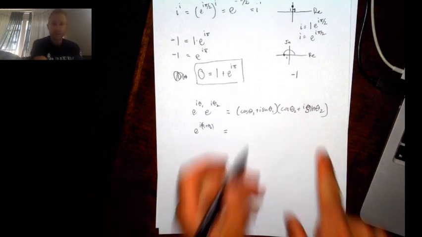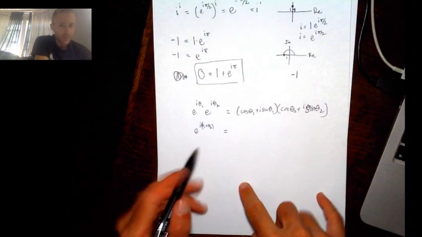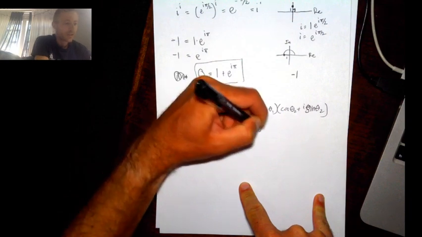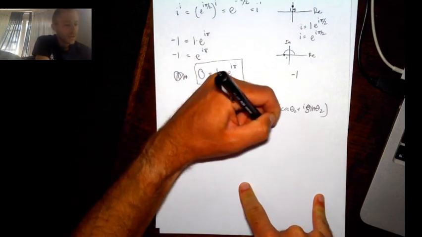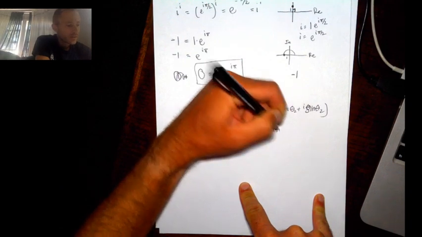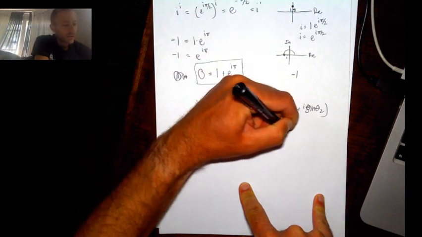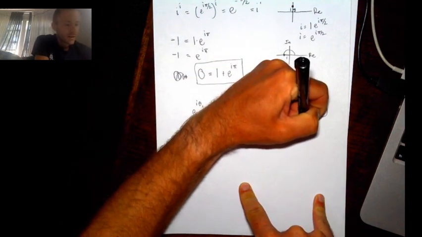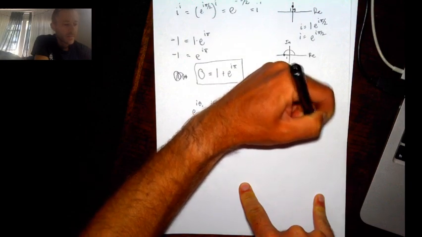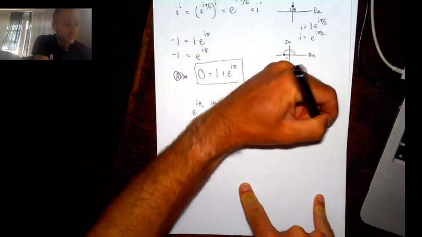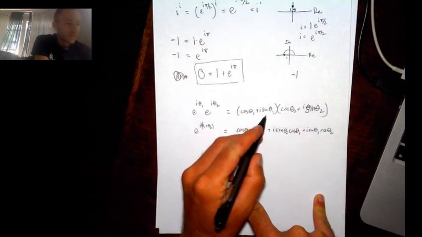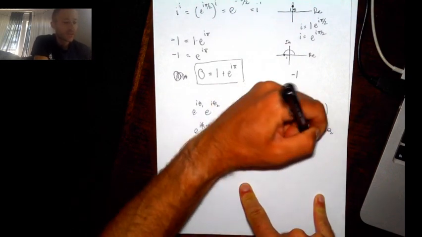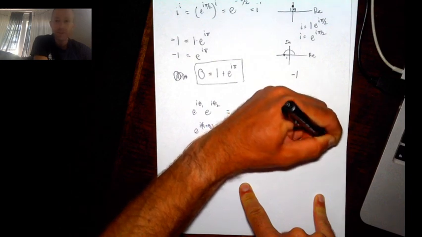So let's FOIL this out. So I have first, cosine of theta 1, cosine of theta 2. Outside, i sine of theta 2, cosine of theta 1. Inside, i sine theta 1, cosine of theta 2. Last, i times i, sine of theta 1 times sine of theta 2, so negative sine of theta 1, sine of theta 2.